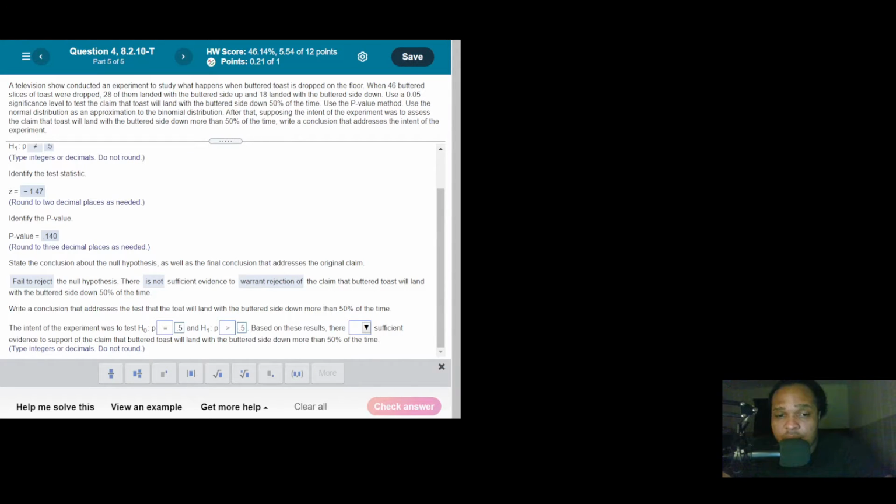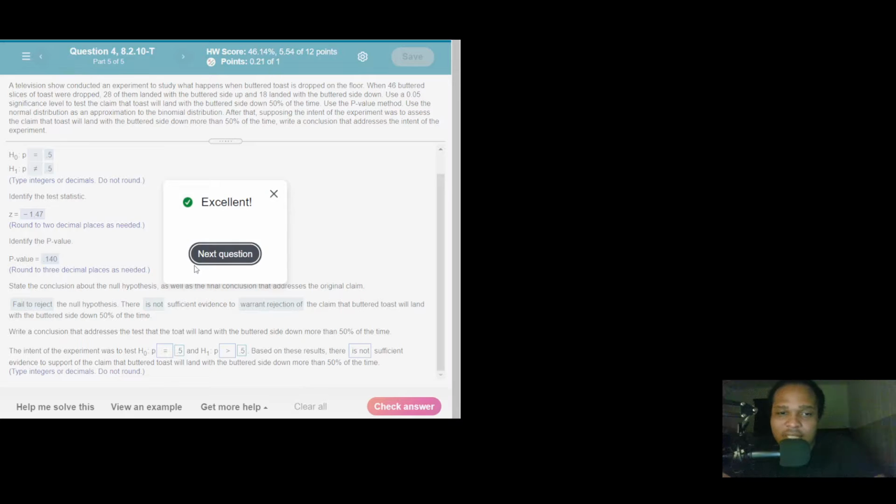Because our p-value is still very, very high, we have 0.93, and that's definitely greater than 0.05. So we're going to fail to reject again. And when you fail to reject, there is not enough evidence. Got it.